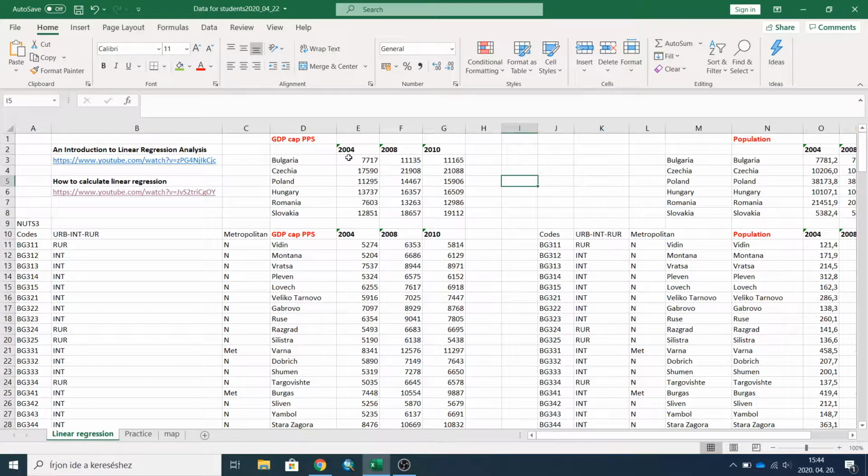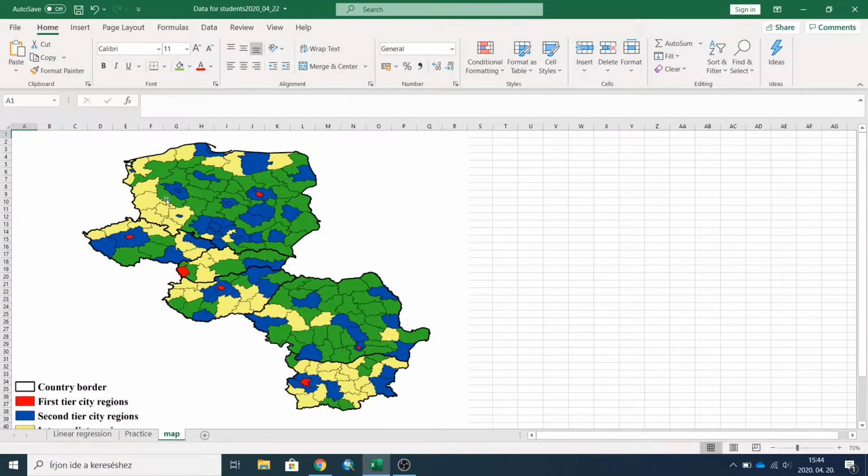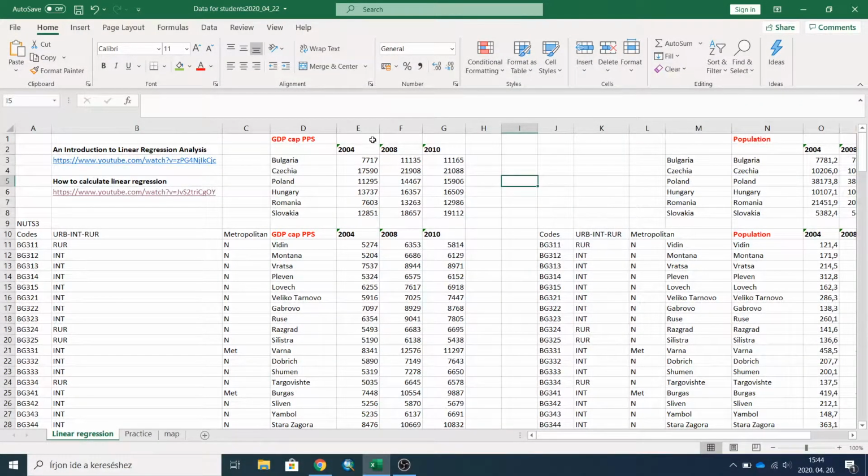First of all, the question is at country level, because the map is the same as in the previous linear regression. I want to know what the connection is between GDP per capita values based on country levels.